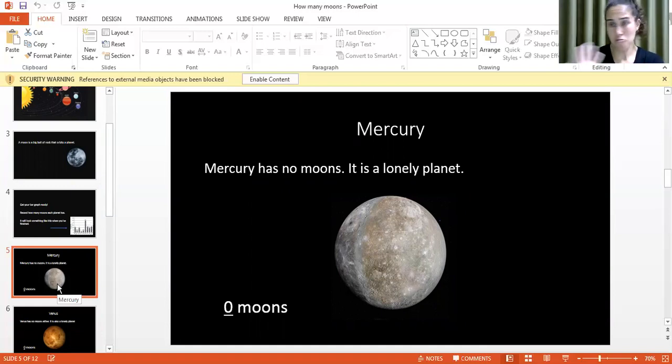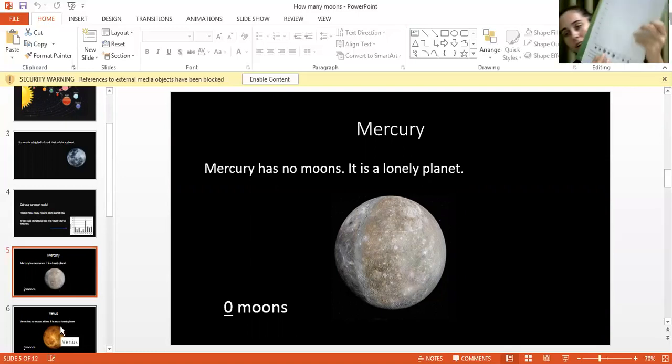It has no moons. It says it's a lonely planet because it's by itself. A moon, I guess, can kind of be like a friend. So if it has no moons, it has no friends, 0 friends. So it's lonely, it's by itself.